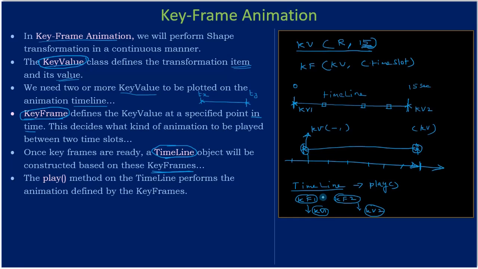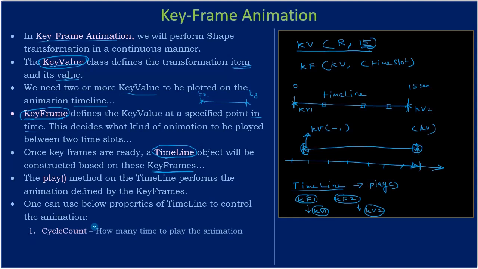Now let's look at some piece of code. One can use the below properties of the timeline to control the animation. So once the timeline is constructed based on keyframe, which is linked to the key value, we can make use of the properties of the timeline. Say for example, cycle count. So this tells how many times to play the animation.